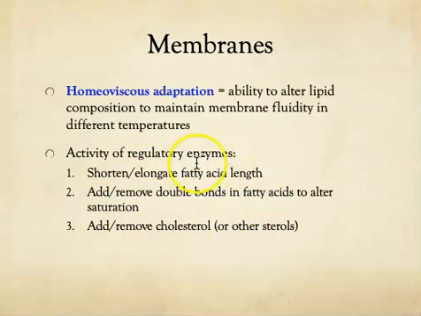When it comes to fatty acid length, we said the shorter the length of the fatty acids, the more permeable the membrane. So we're going to want those enzymes to start shortening the length of the fatty acid tails. All three of those things are going to start making the membrane more permeable as the drop in temperature tries to make it less permeable. And that will help hold membrane permeability right in that mid-range where it needs to be.